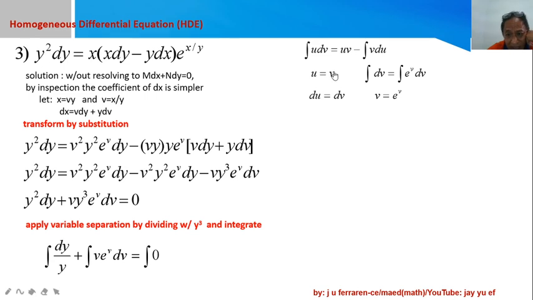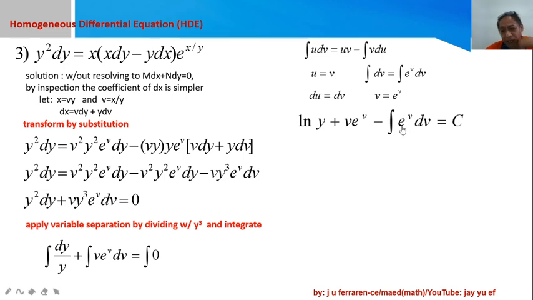Following the formula, we have v exponential v, then minus the integral of exponential v dv, equal to C. So there is still a process of integration in the last term here, so you can complete it by doing the integration.